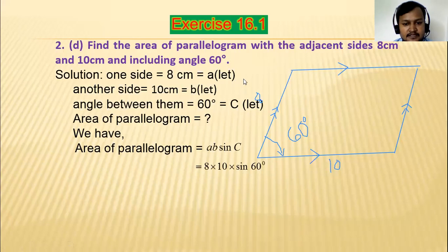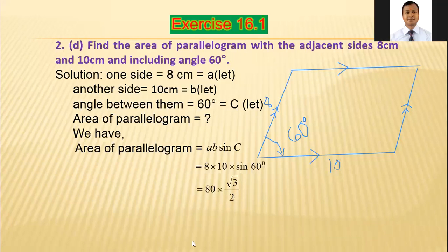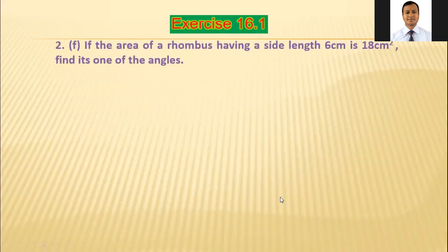Put value of sine 60 now. 8 into 10, 80 into sine 60 means √3/2. 80 into √3/2. If we cancel out 80/2, it will be 40√3. So the required answer is 40√3 square centimeter. So let's move to next question.